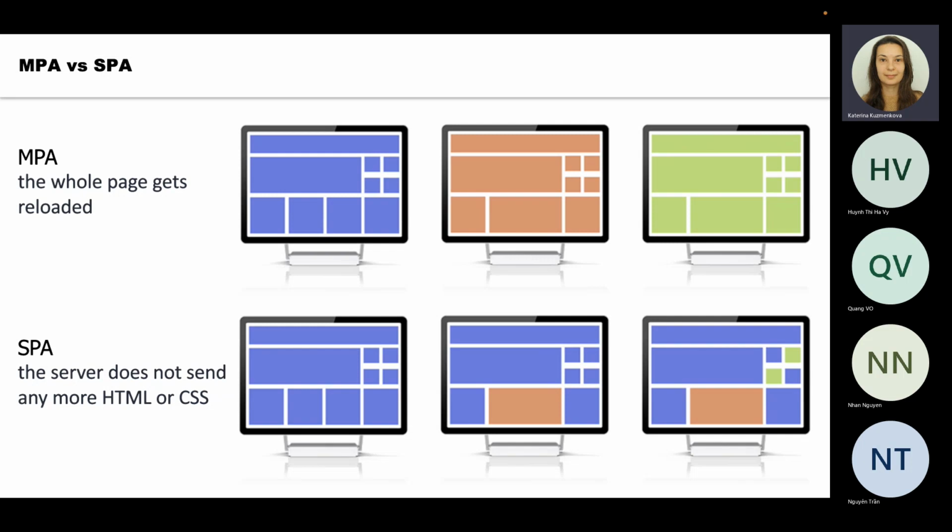To put it more simply, it is a traditional web page application that reloads the entire page whenever the user interacts with the website. Each time data is exchanged, the application makes a request to the server to display different information in the browser.